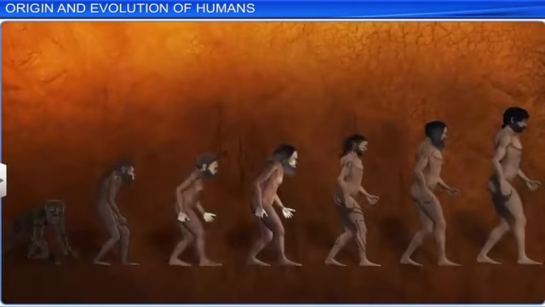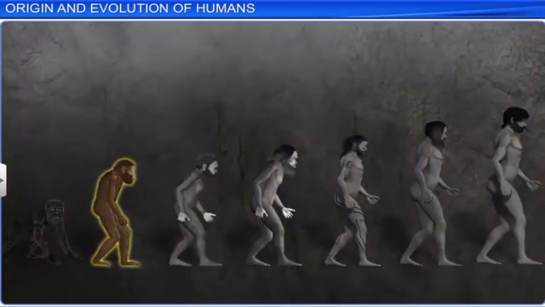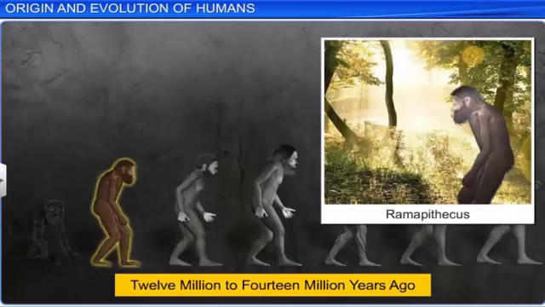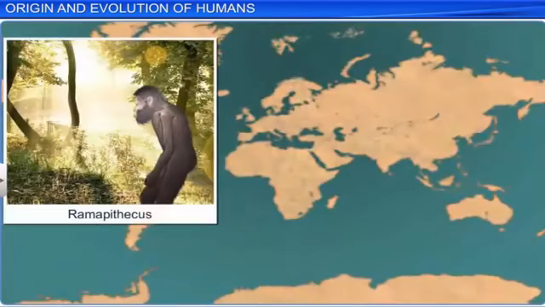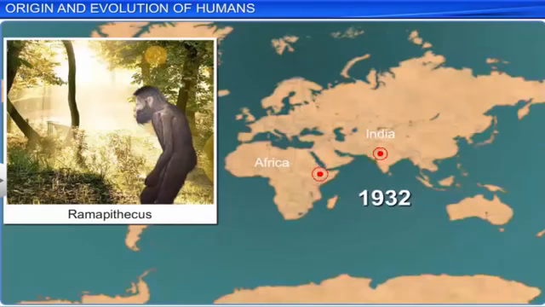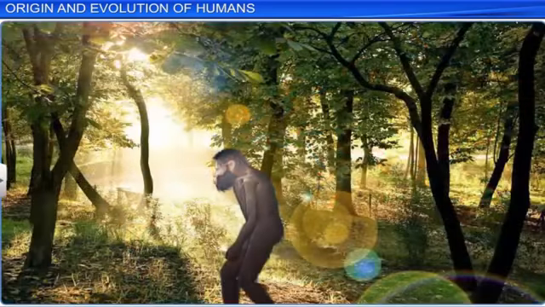Another man-like primate that lived in early Pliocene epoch, of Cenozoic era, about 12 million to 14 million years ago, was Ramapithecus. Its fossils were found in Shivalik hills in northern India and eastern Africa in the beginning of 1932. It was an ape-like creature.